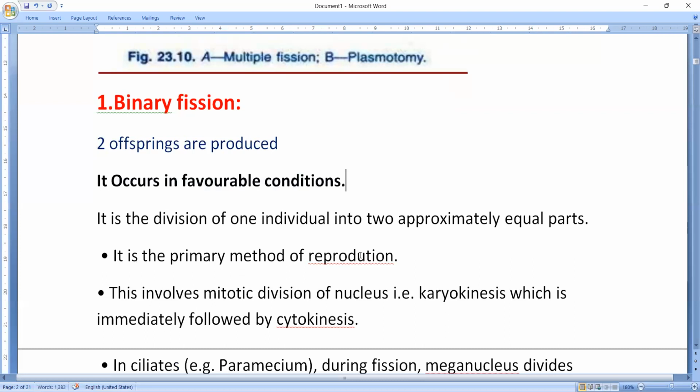Binary fission is probably the most primitive kind of asexual reproduction, you can say.